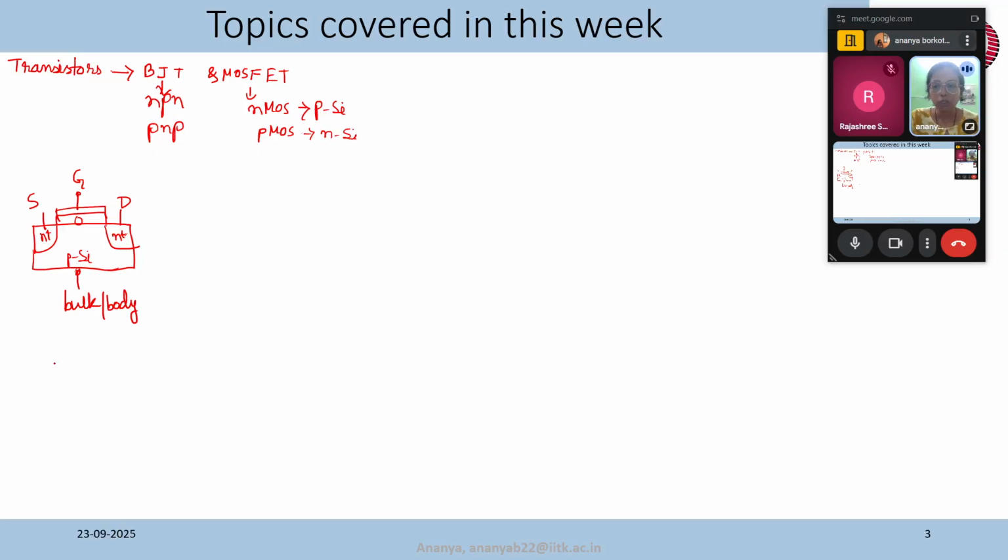Now in MOSFETs we have again two types of MOSFETs: enhancement mode and depletion mode. In enhancement mode, what happens?